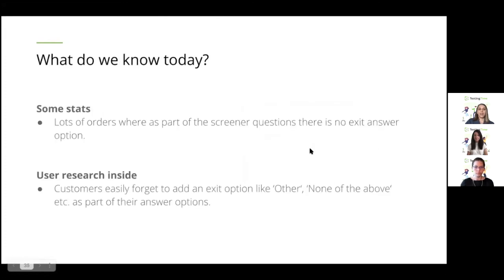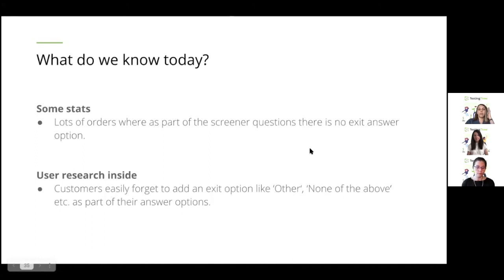Also, I'm going to follow up on some other things that Celine mentioned in her tips, from the product side. We have lots of orders where, in the screener part, the answers have no exit option, meaning there is no other or none of the above answer option for our test users.